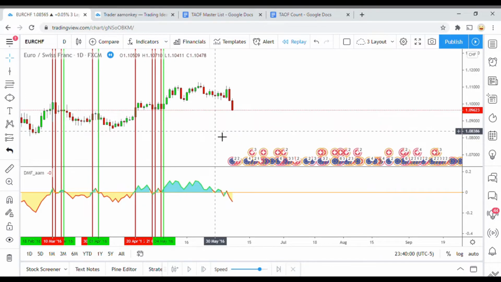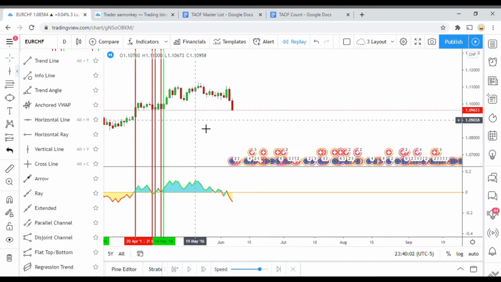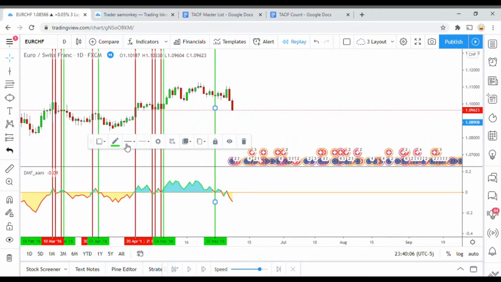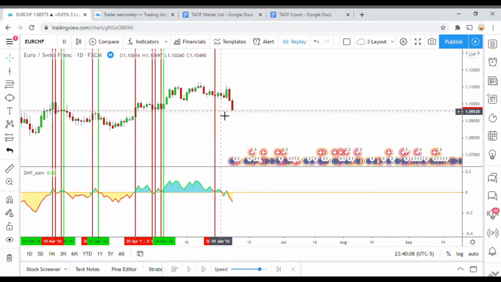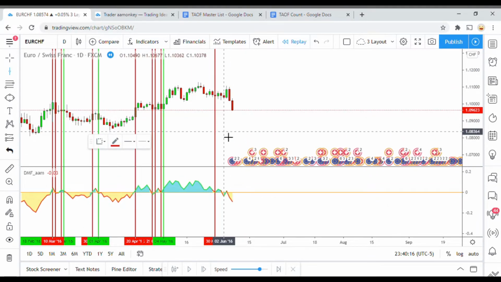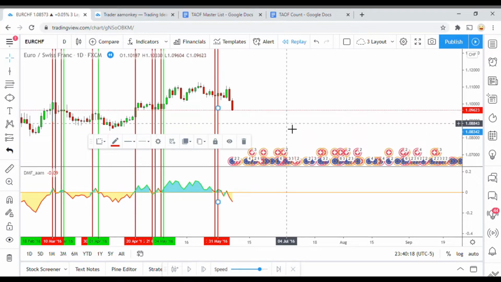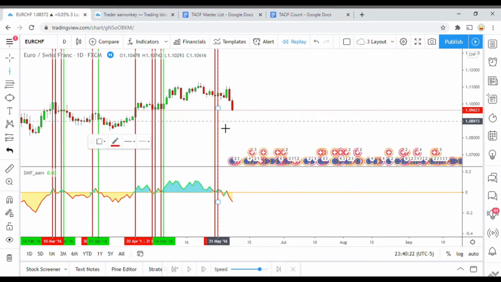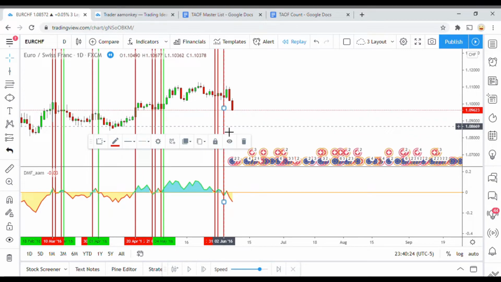So again, this is part of the reason why I'm not greatly fond of a zero line or a single line cross type indicator, because you often get a lot of whipsaw back and forth.